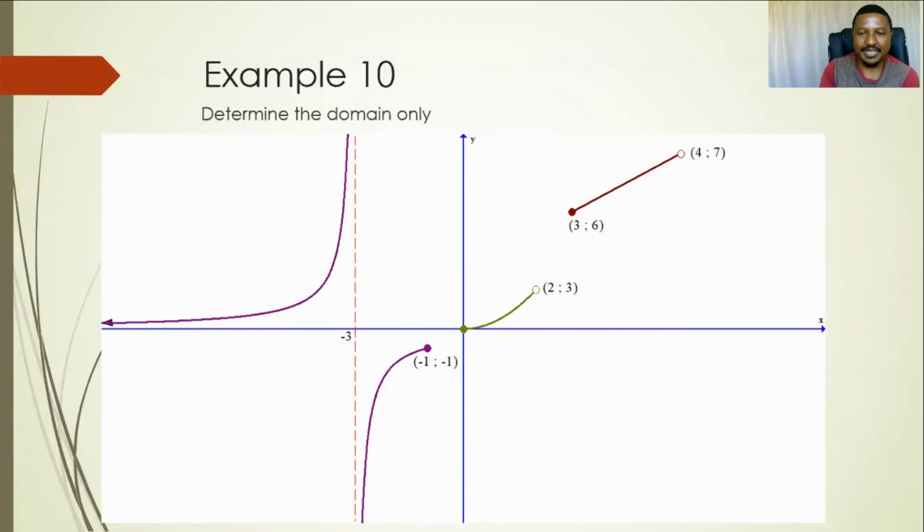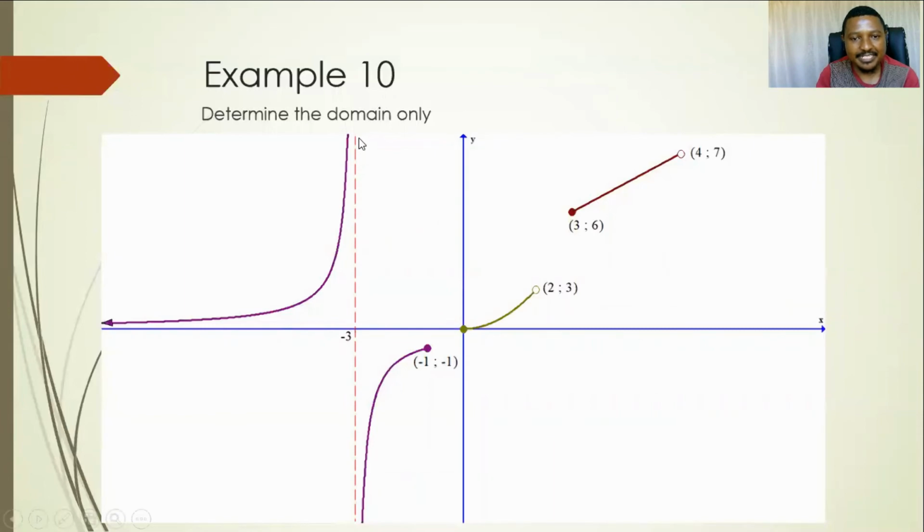If we look at this function closely, it is always advisable to start reading it from the left to the right. From the left to the right, you can find the function value everywhere from minus infinity. Then the problem starts at minus 3. We have a vertical asymptote. That means this function is undefined at minus 3.